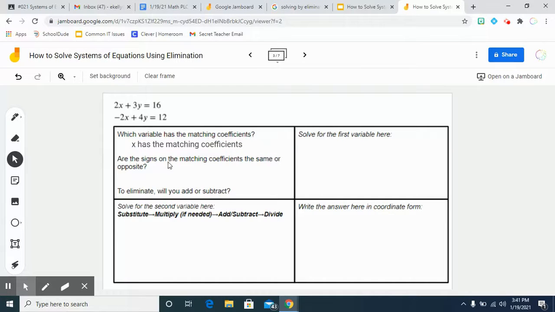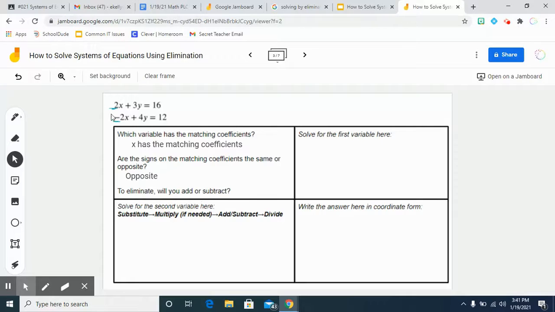Next, are the signs on the matching coefficients the same or opposite? Here I can look once again, and I see that I have a positive 2 and a negative 2, which means that they are opposite. And finally, to eliminate, will you add or subtract?